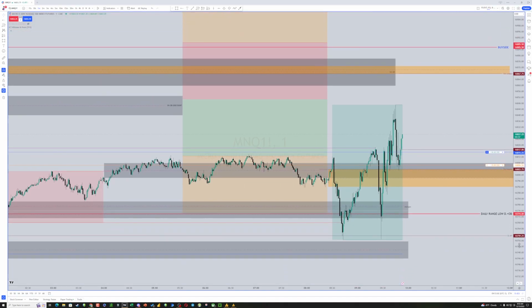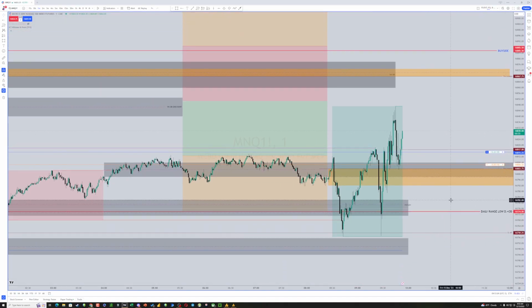Why? It's choppy. So we're going to scale one right there.